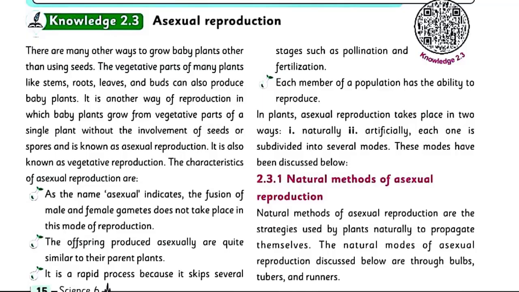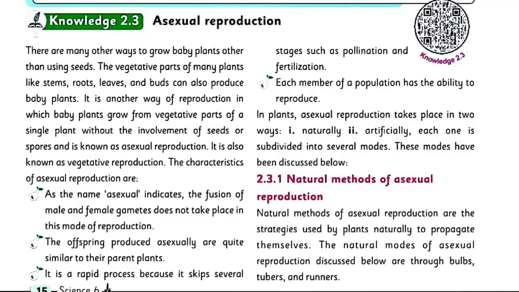In plants, asexual reproduction takes place in 2 ways, naturally and artificially. Each one is subdivided into several modes. These modes have been discussed below. 2.3.1 Natural methods of asexual reproduction.